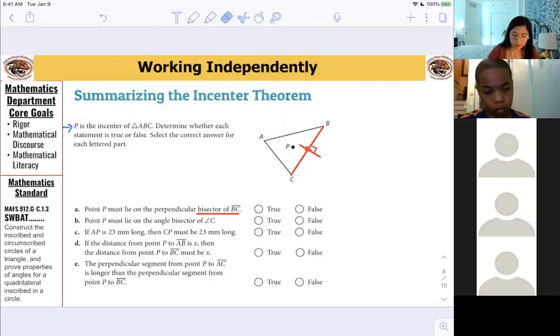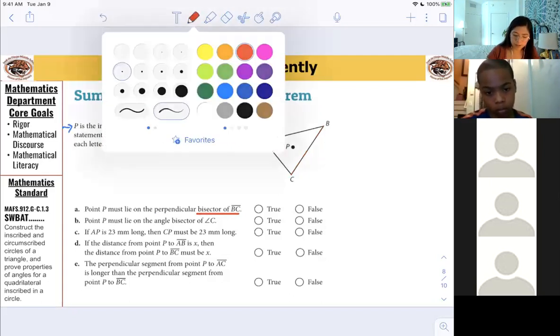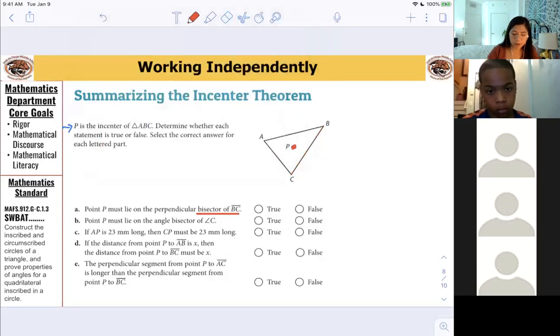The reason for that is, remember, go back to what we did. When we made the in-center, when you actually construct it, what was step 1 and what was step 2? Draw a triangle. Okay, after that though.